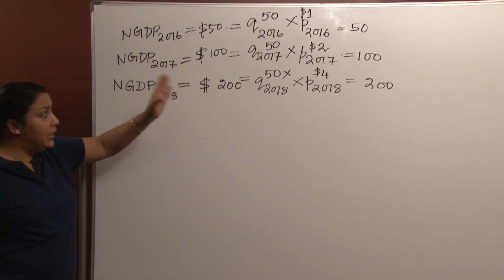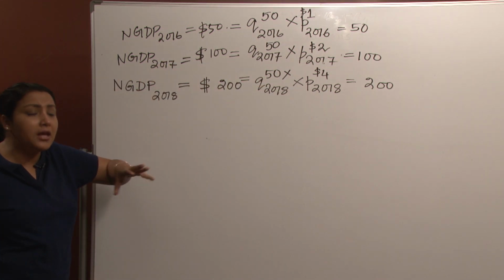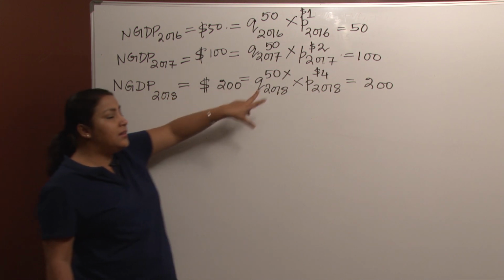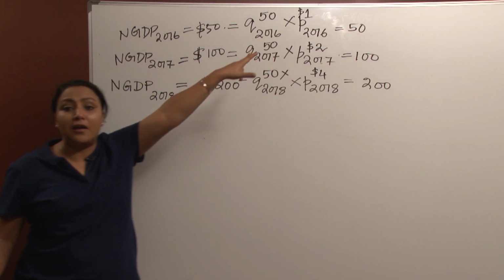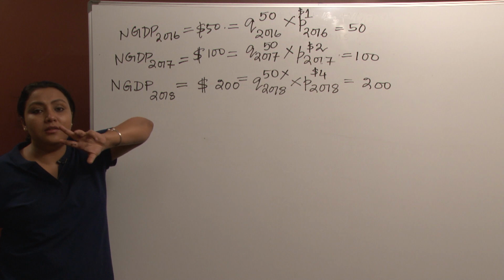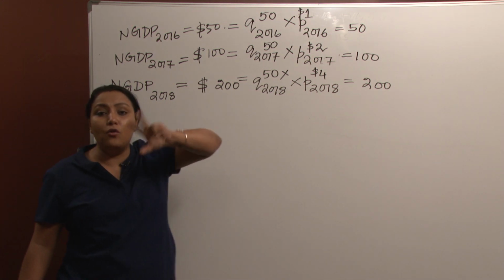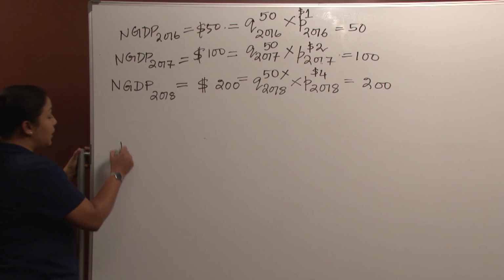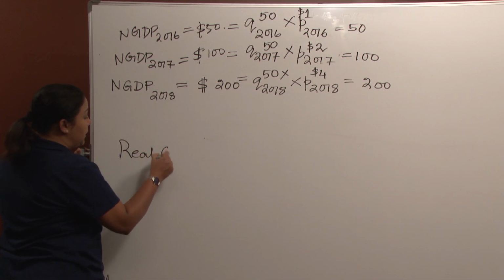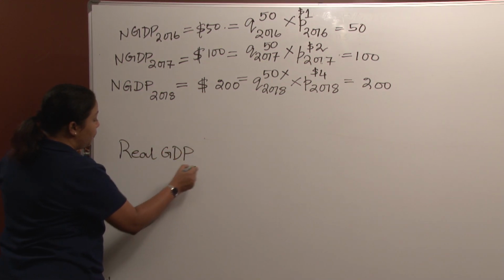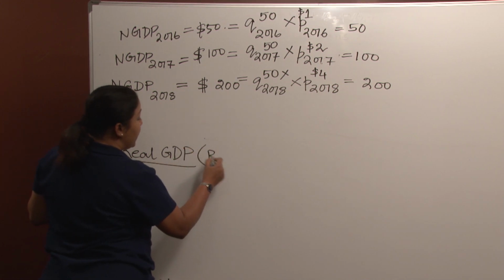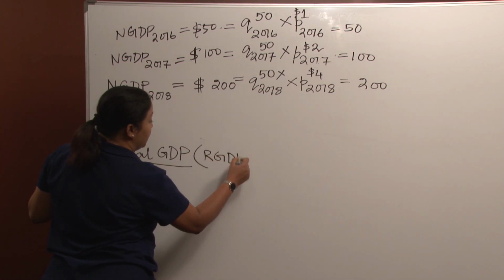So we need another measure of GDP which actually insulates the economy against these price fluctuations. In other words, something that adjusts for these changes in price over time, and that something is called the real GDP. Real GDP, abbreviated as RGDP.